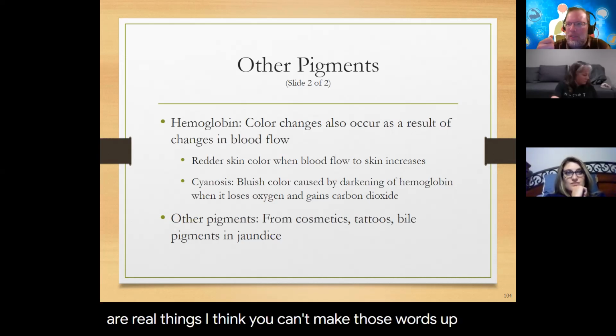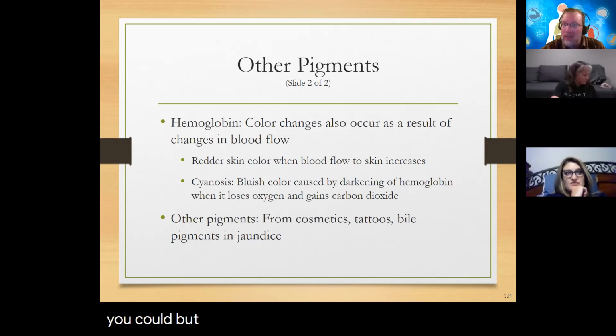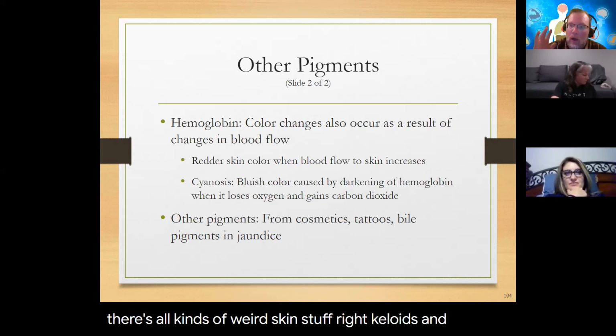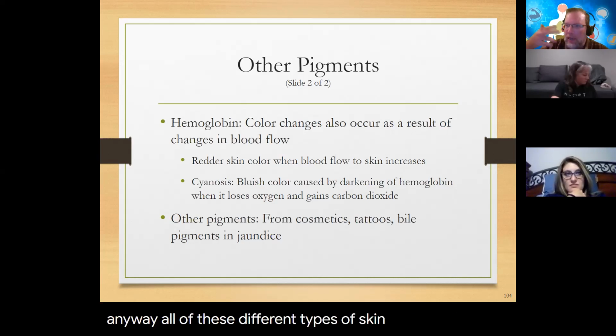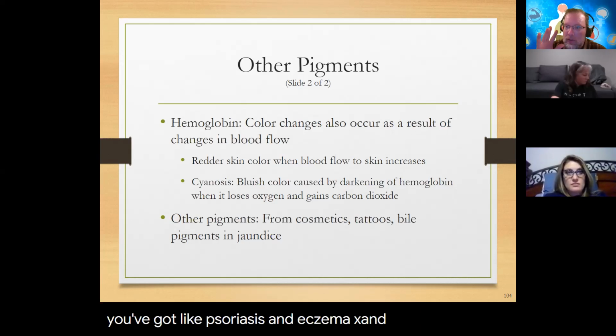Well, you could, but somebody did at some point. There's all kinds of weird skin stuff, right? Keloids, psoriasis and eczemas, and these are simply indicators of underlying issues.